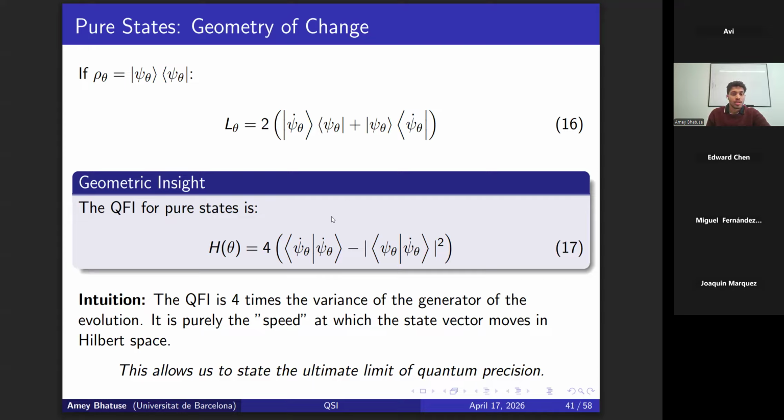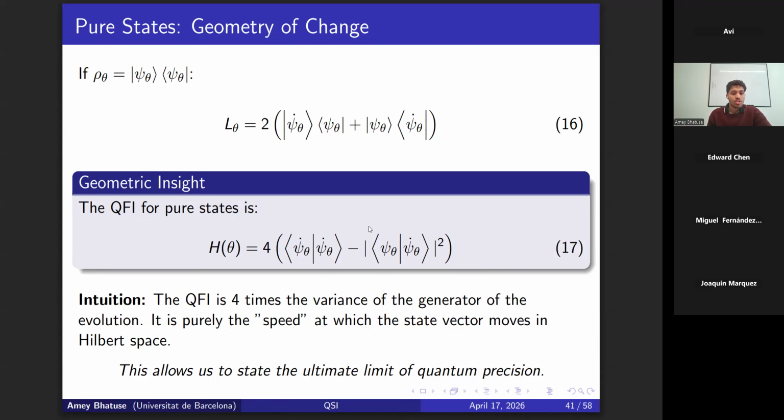The intuition is that it is the speed at which your state vector changes if you change the parameter. This is very insightful, because how fast your state is changing decides how precisely you can measure the parameter that is creating that state.